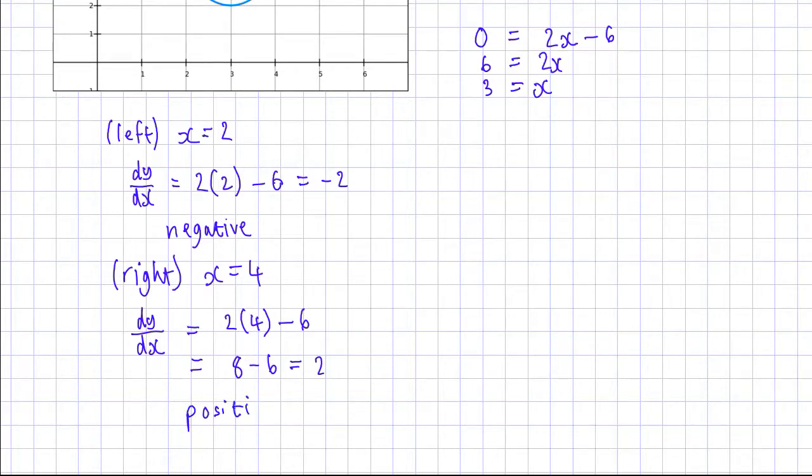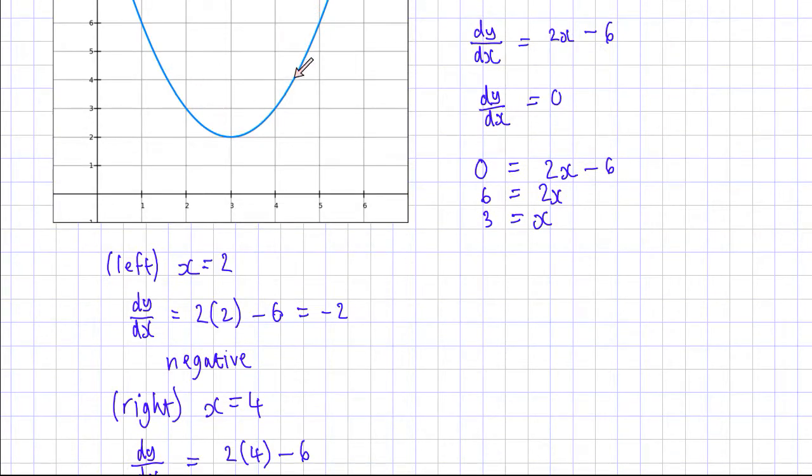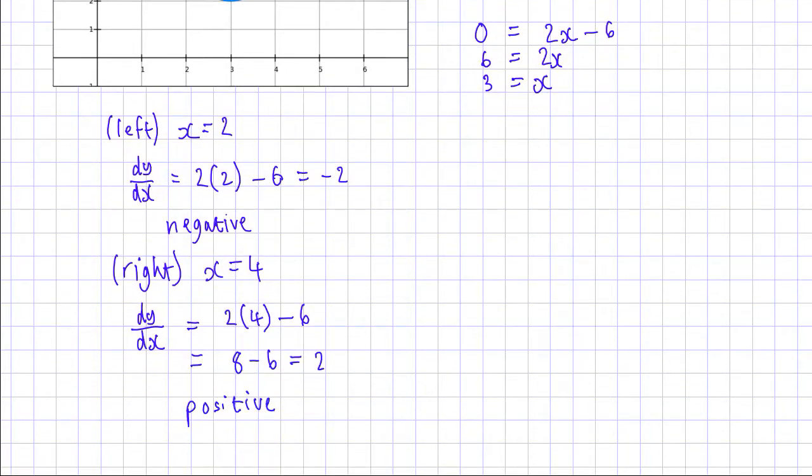So let's say, for example, if we weren't looking at the graph here, what we would now know is the gradient on the left hand side is negative like this, and then we have x equals 3 here where the gradient is 0, and then on the right hand side the gradient is positive, so the graph will be going up. So this is in the shape of a minimum point.